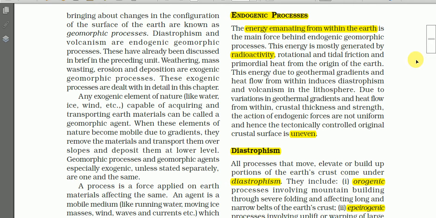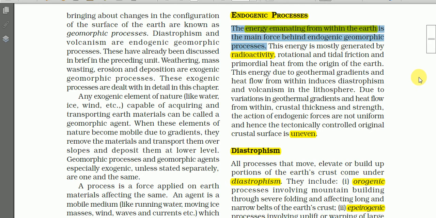Here, endogenic processes. Let us read. About the meaning of endogenic processes, we have learned earlier that the forces coming out from the earth interior, acting inside the earth surface, are known as endogenic processes. So let us read.